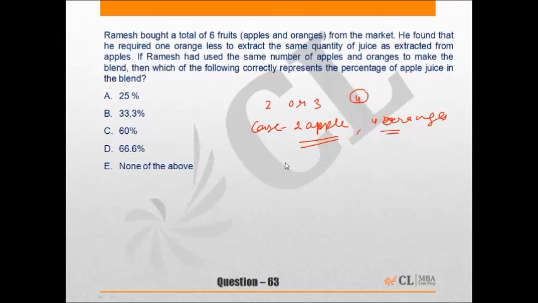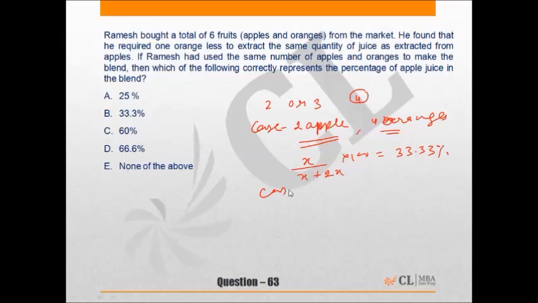Therefore the required percentage in this case will be x upon x plus twice of x into 100, which is 33.33%.